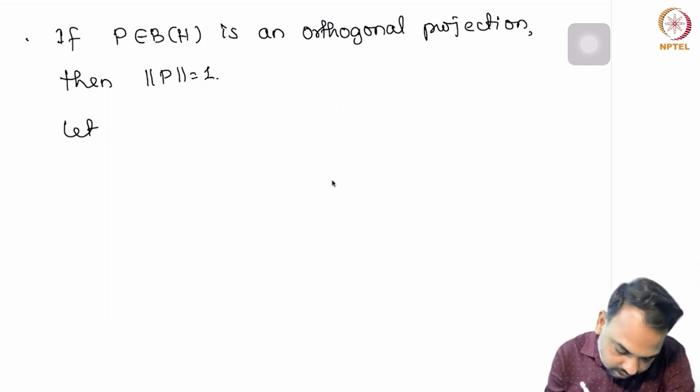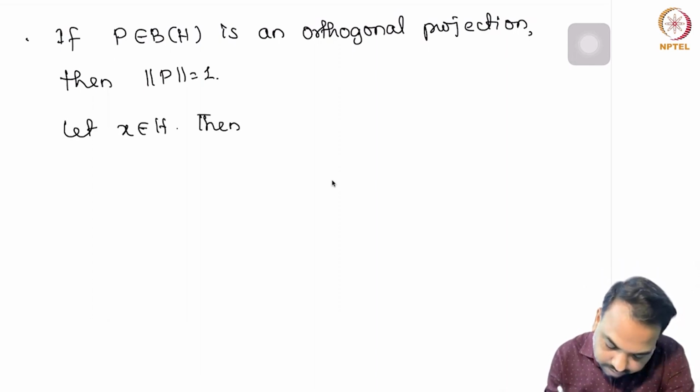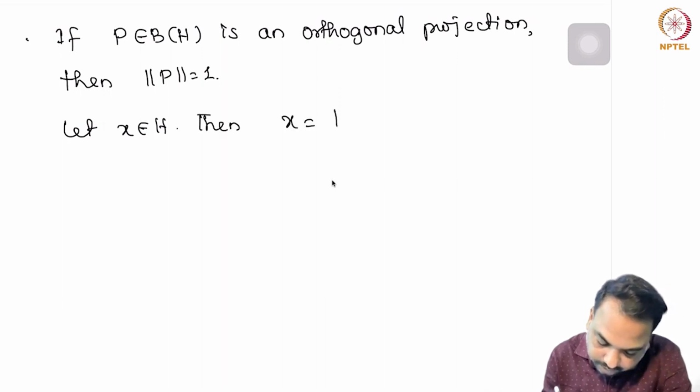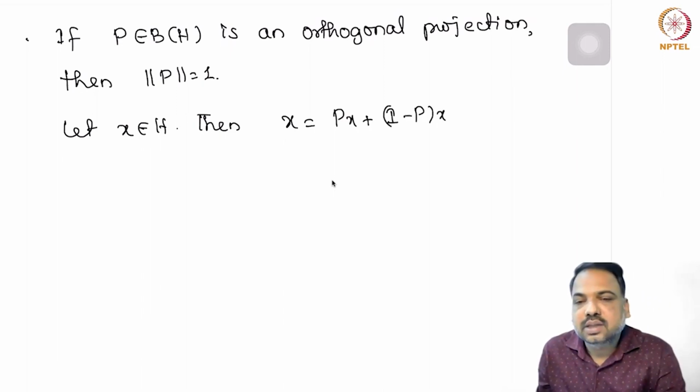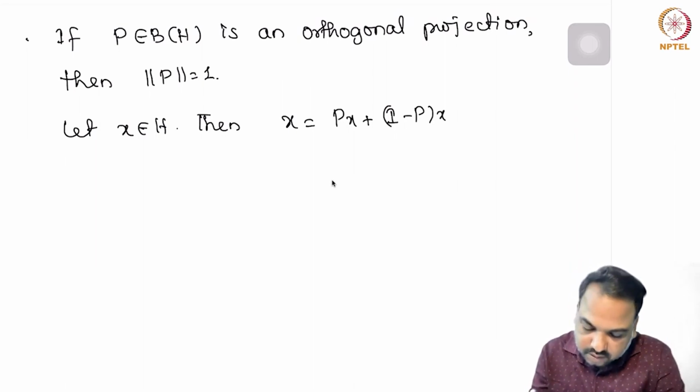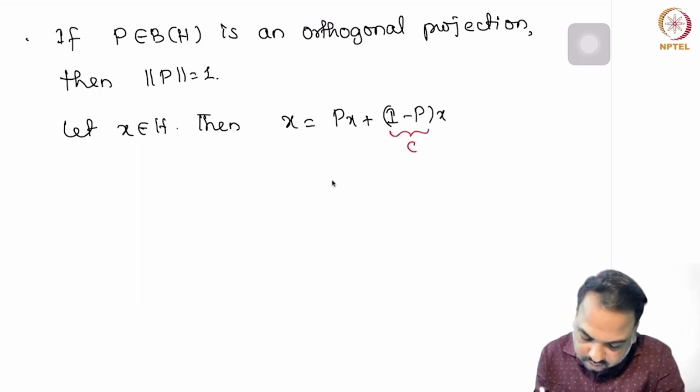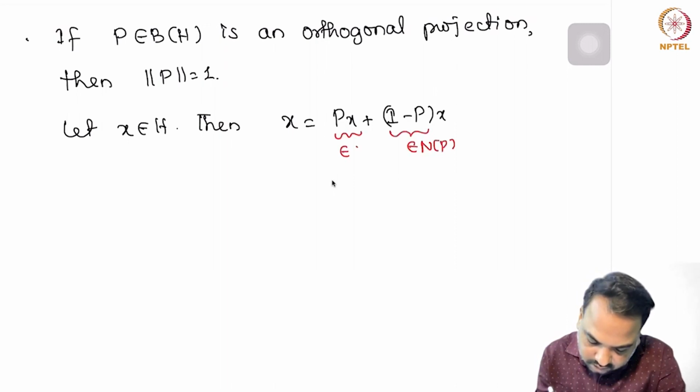So let us take x in H, then we can write x as Px plus (I minus P)x. Now Px is coming from the range of P, and (I minus P)x is in the null space of P.